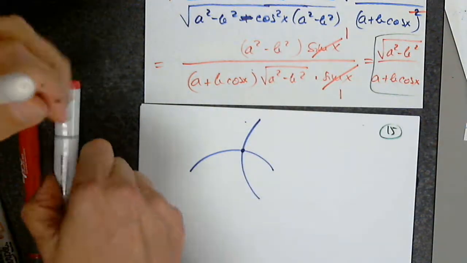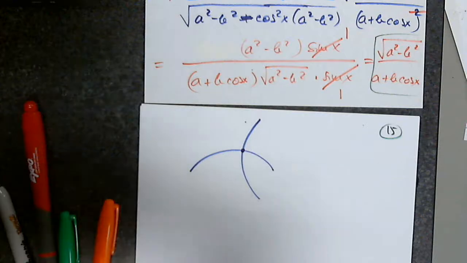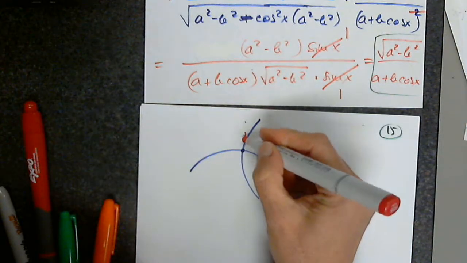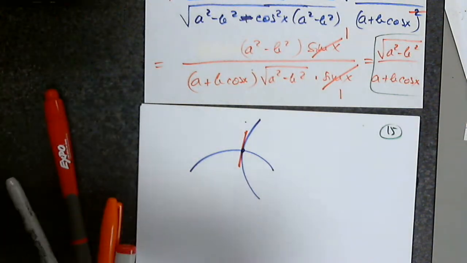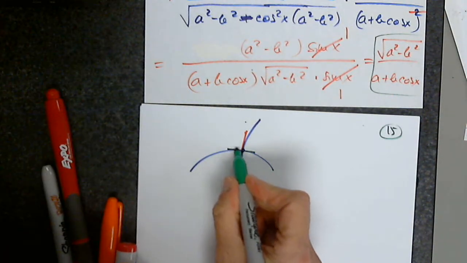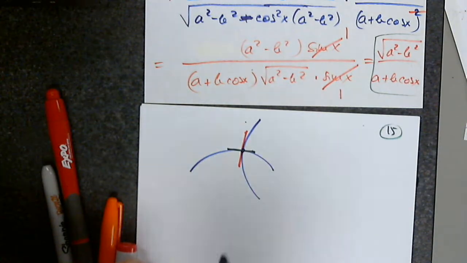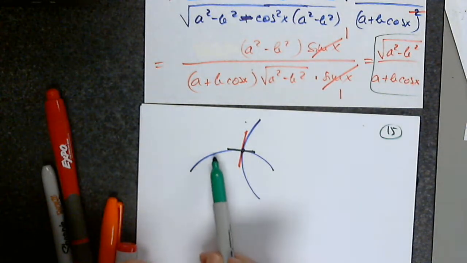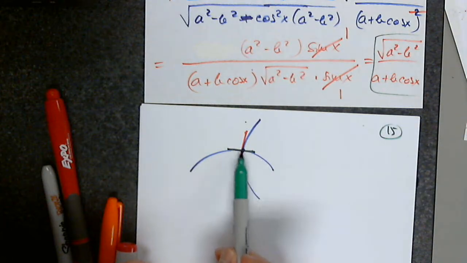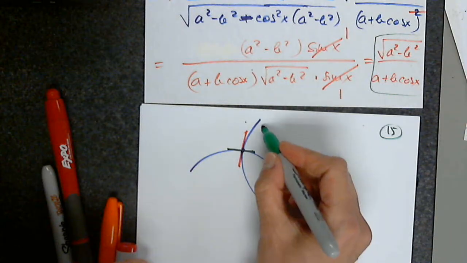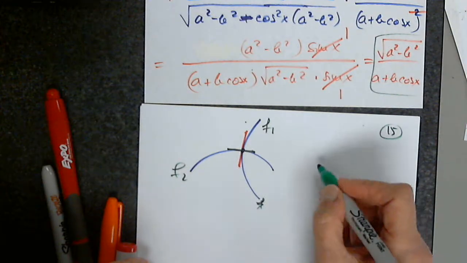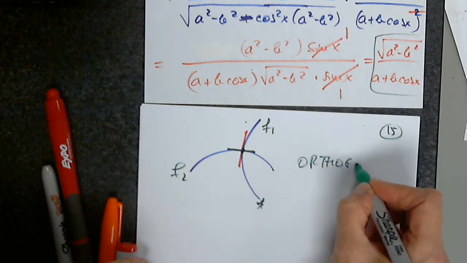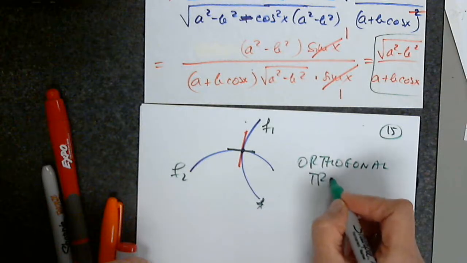If I show that the tangent at this point of intersection to this curve is perpendicular to the tangent to the other curve at that same point, then this function f1 and this function f2 are called orthogonal trajectories.